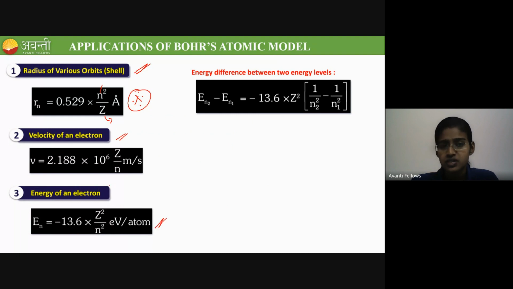If we want to find the delta E, that is the energy difference, we take final energy level minus initial energy level, which is minus 13.6 into Z square, where Z is the atomic number again, into 1 by n2 square minus 1 by n1 square. n2 is the final state and n1 is the initial state.